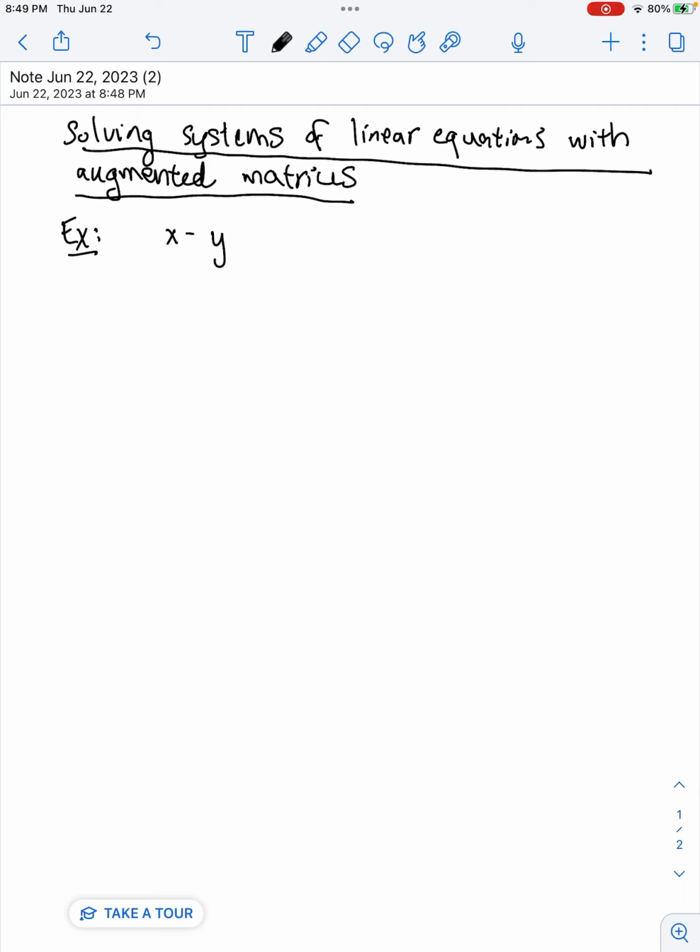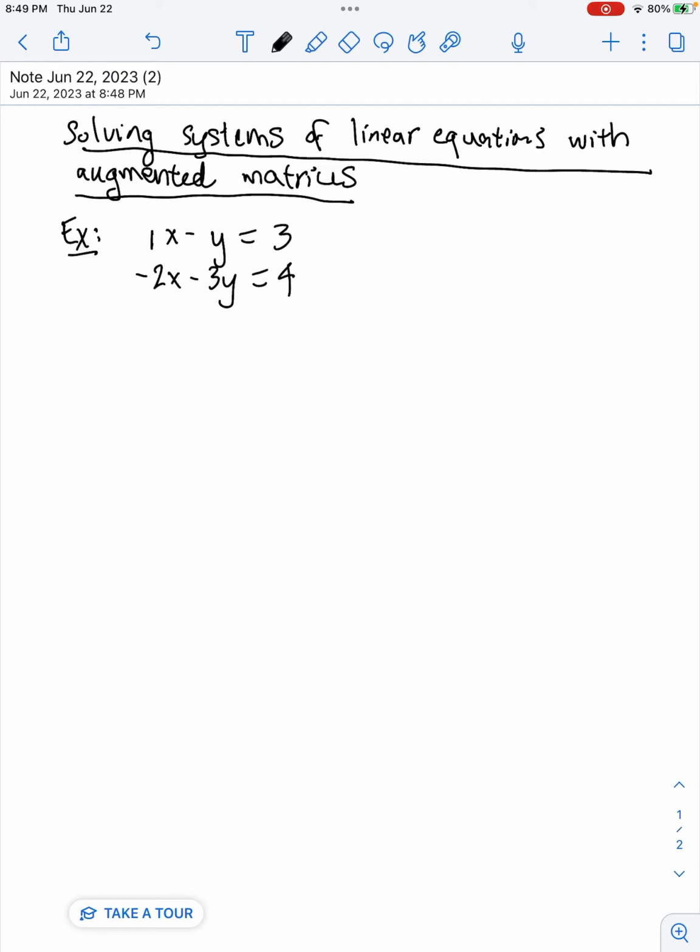x minus y equals 3, negative 2x minus 3y equals 4. Well, let's look at the coefficients here. What's being multiplied by the x in the first equation? What constant is being multiplied by the x? It's a 1, right?